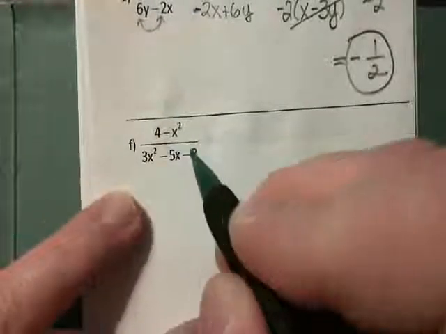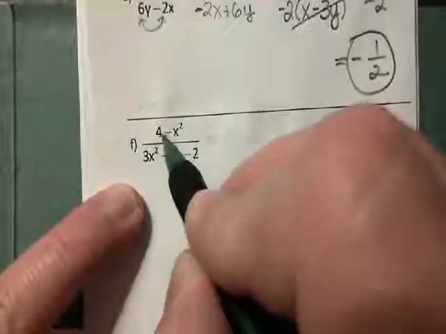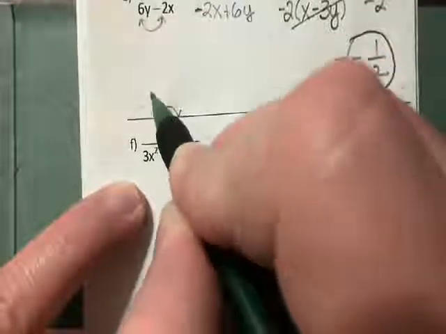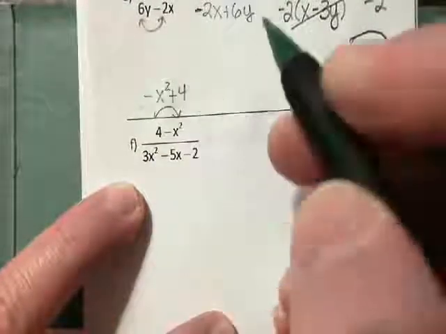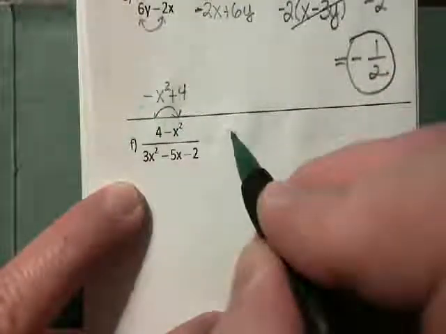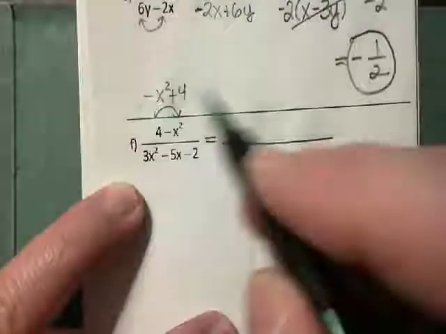Okay, now we're going to do letter F. Basically on letter F, I see that the x is not in the front, so what I'm going to do, I'm going to switch them around. So that's going to give me negative x squared plus 4. Okay, now I don't like to have that negative in front, so what I'm going to do is factor out that negative.